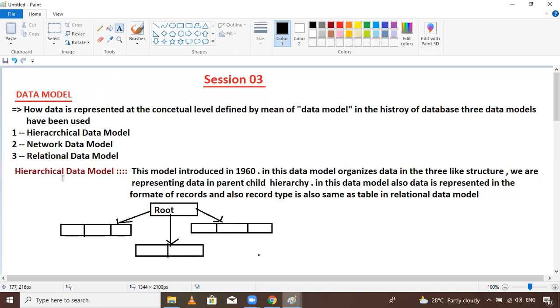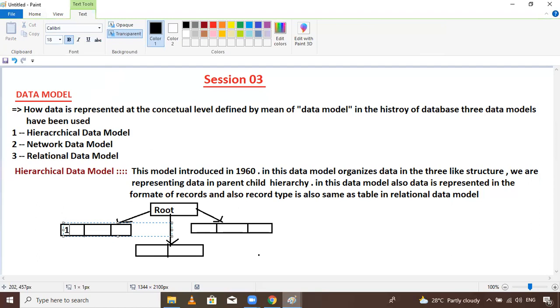Now here we provide the data, like 101, and a salary of 200. Here also 102, name is YYY, and suppose the salary is 300, that's it.